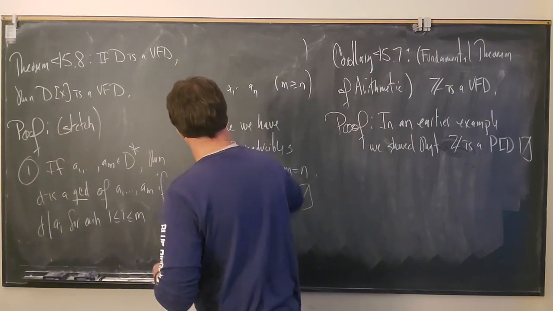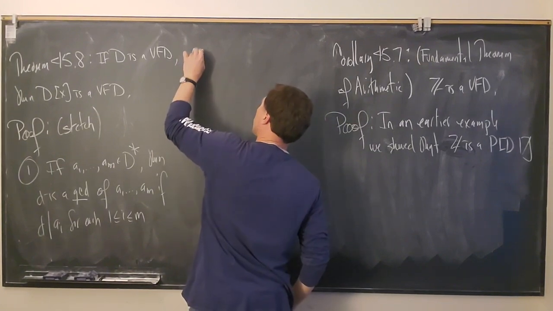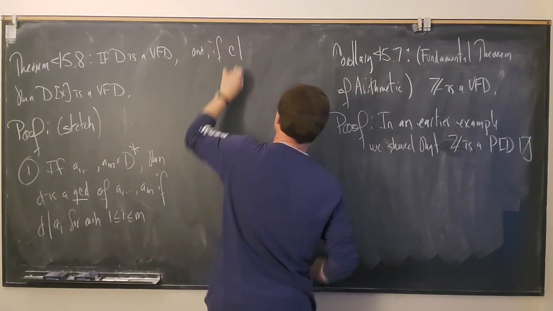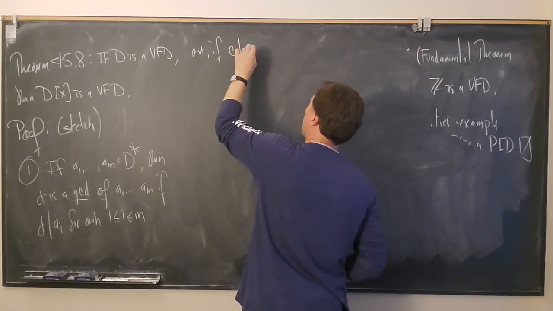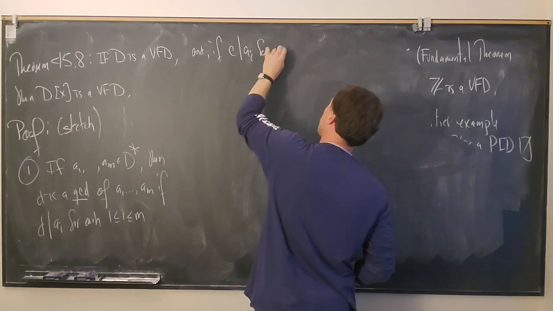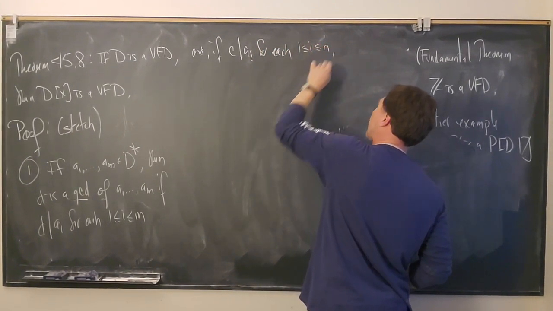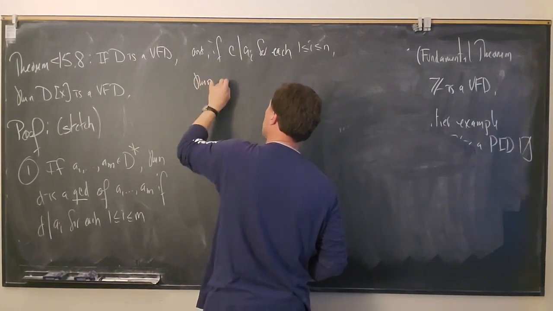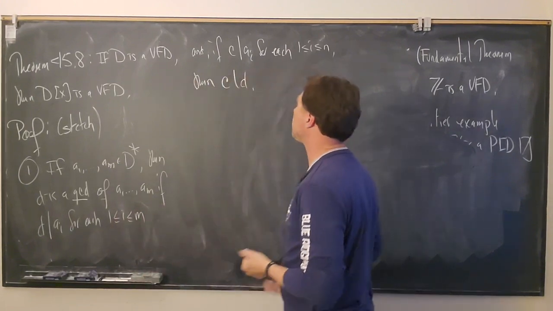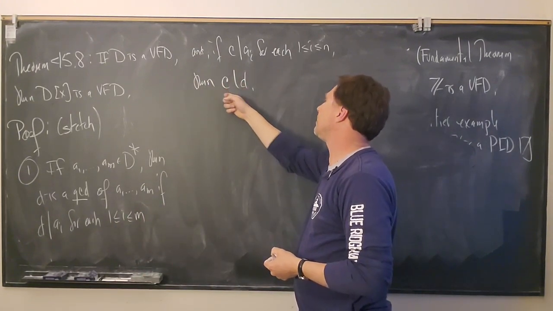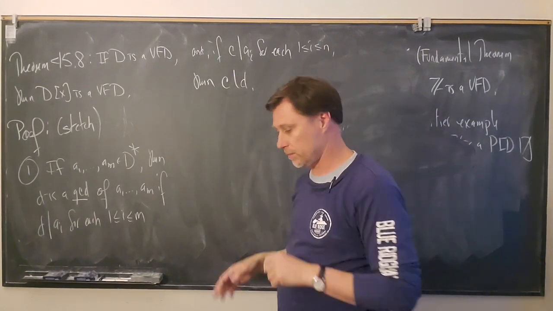And then, if C divides every one of them, so if C divides a_i for each i, then C divides D. So there's our notion of being bigger. If C divides D, then we think of D as larger than C.